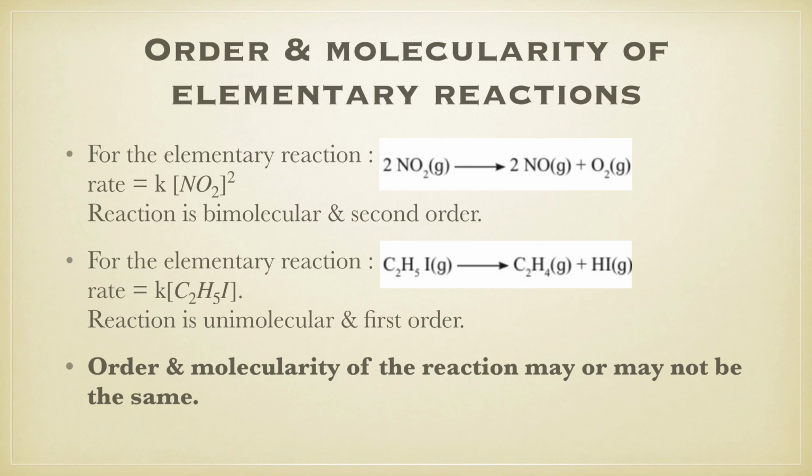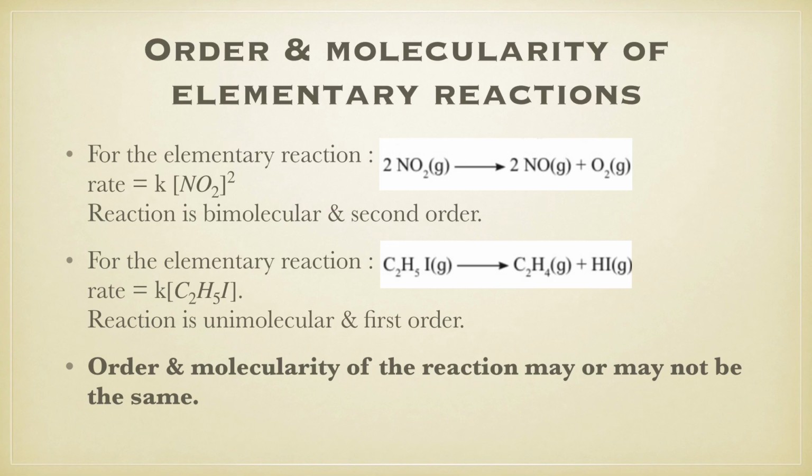The order of the reaction will be calculated by seeing the rate law expression. What is the order of the reaction? It is 2, as NO2 is raised to 2. And the molecularity of a reaction, by seeing the reaction we can find out. The reaction is bimolecular, there are 2 reactant molecules involved. So we can say that the reaction is bimolecular and second order.